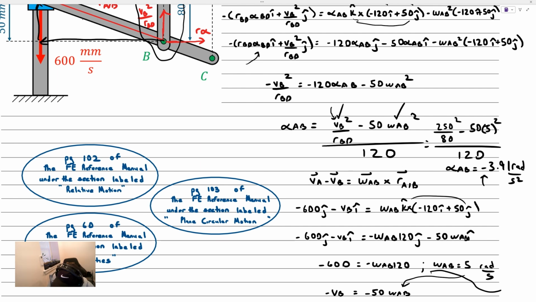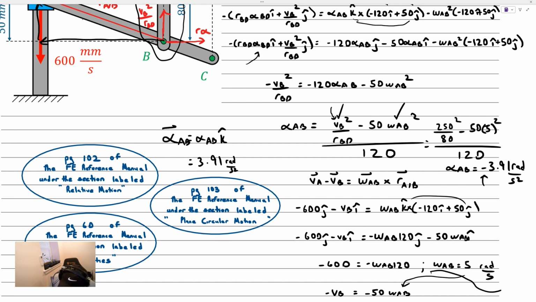What does this negative mean? If we go back to what our assumption was about alpha, we said that alpha AB written as a vector is equal to alpha AB, its magnitude, pointing in the k direction. We have what its magnitude is. Its magnitude is 3.91 radians per second squared.